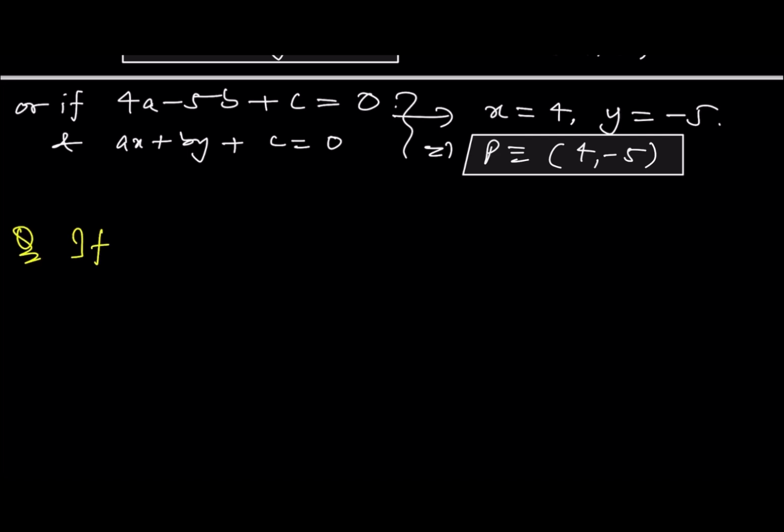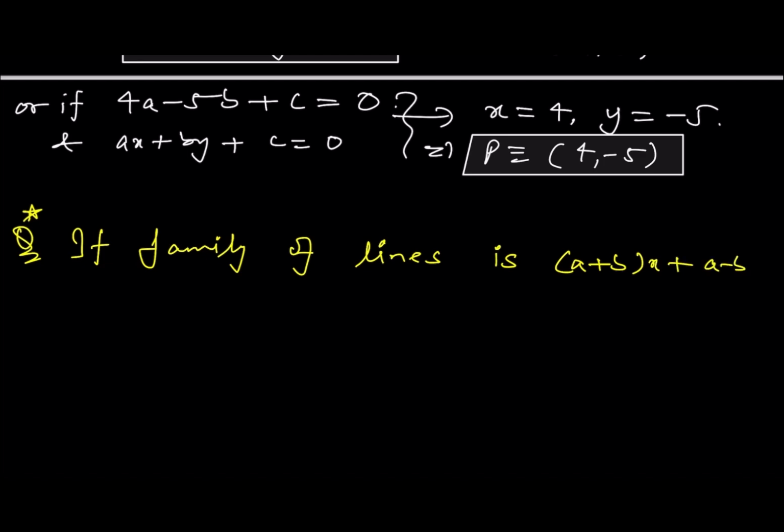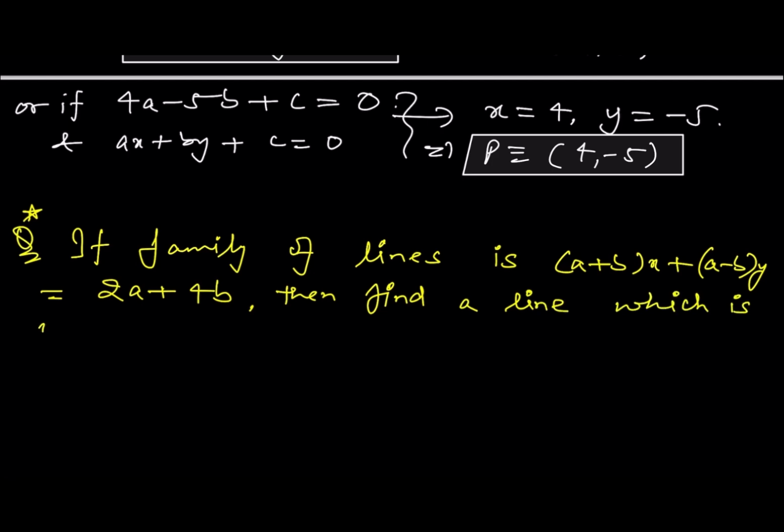Question is, this is an important one. If the family of lines is (a plus b) times x plus (a minus b) times y is equal to 2a plus 4b, then find a line which is at maximum distance from 5 comma 4, right?